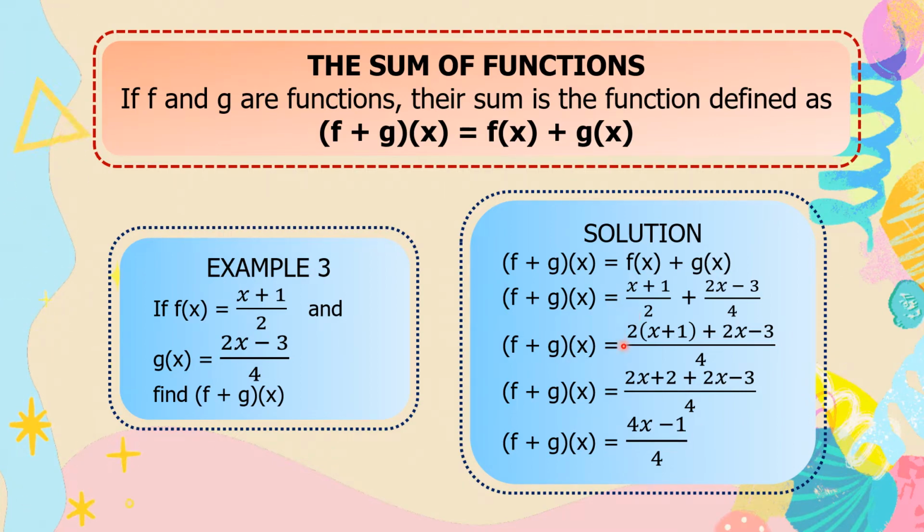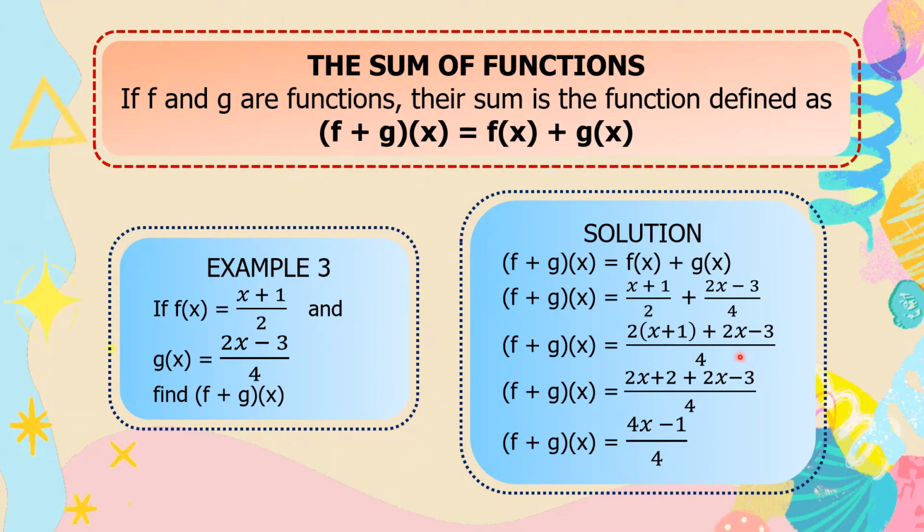So, 2 times yung ating numerator which is x plus 1. Plus, again, let's repeat the process. LCD divided by the denominator which is 4. So, 4 divided by 4 is equal to 1. Then, yung 1 i-times natin sa numerator. So 1 times 2x minus 3 is still 2x minus 3.